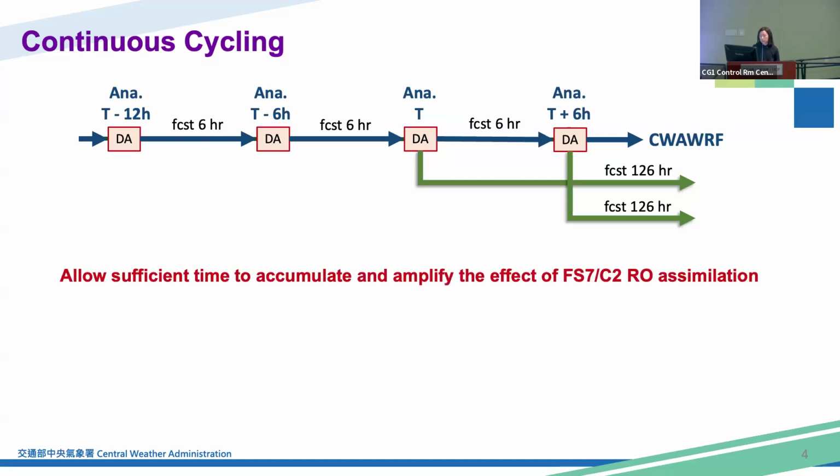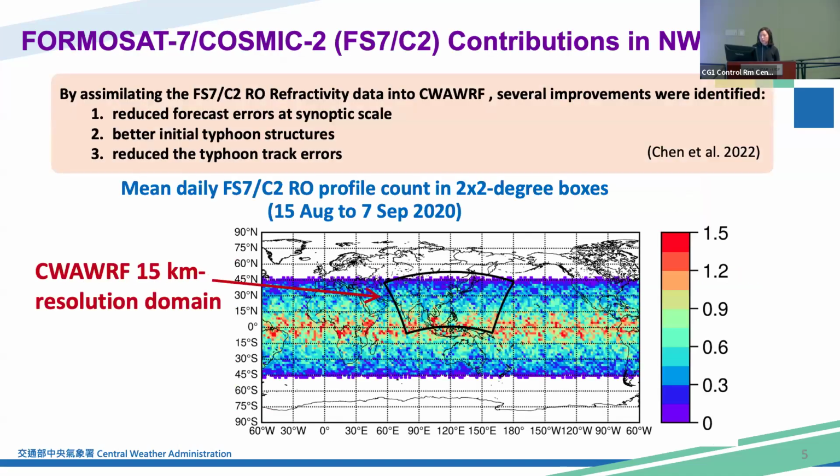In this configuration, we can get sufficient time to accumulate and amplify the data impact. By doing this, we present our COSMIC-2 data evaluation of the impact in our system. Since the COSMIC-2 satellite was launched 5 years ago, we started to evaluate the data impact in our system.